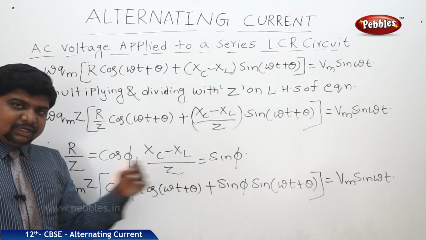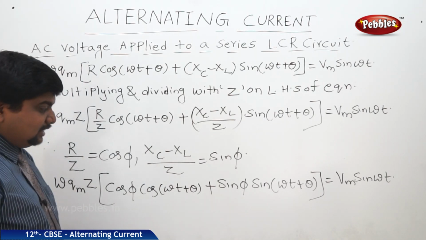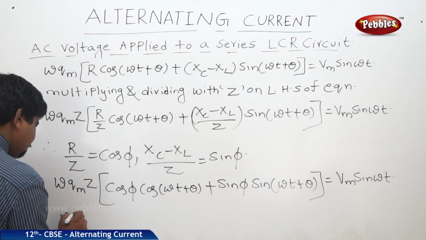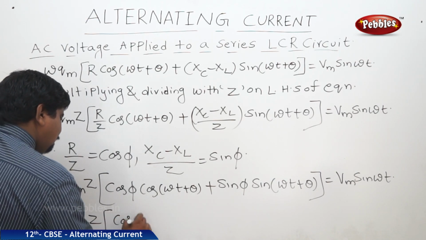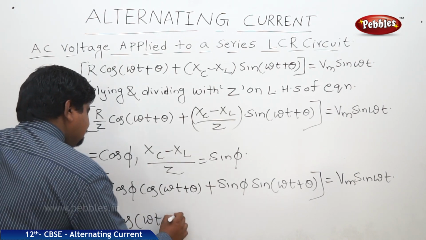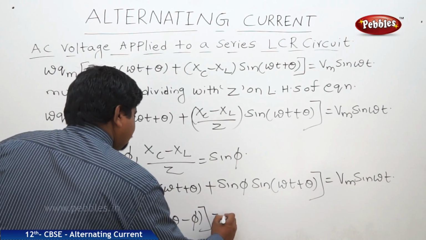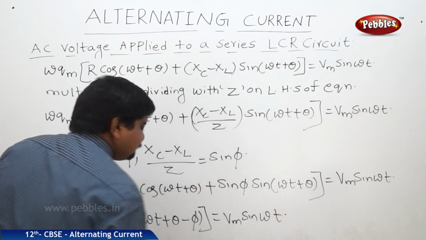The bracket part is in the form of cos A cos B plus sin A sin B, so cos(A minus B) is the solution. Therefore we can write ω qm Z into cos(ωt + θ minus φ) is equal to Vm sin ωt.